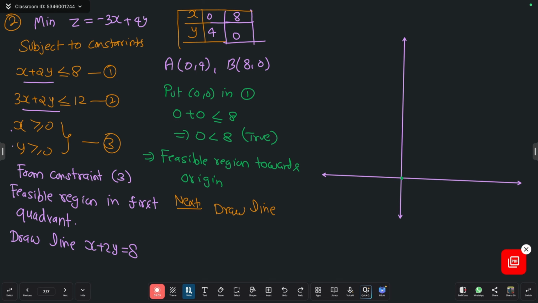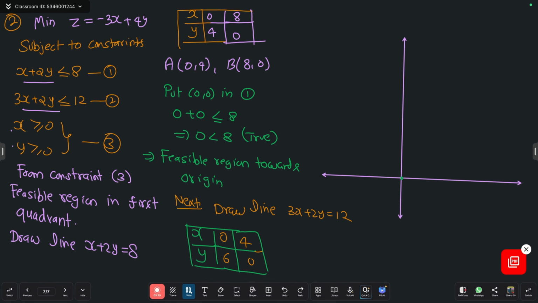Next, draw the line 3x plus 2y equals 12. Again a table of x and y. If x value is 0, y value is 6, since 2 times 6 is 12. Now if y value is 0, then x value is 4. So we get two points: C (0, 6) and D (4, 0).